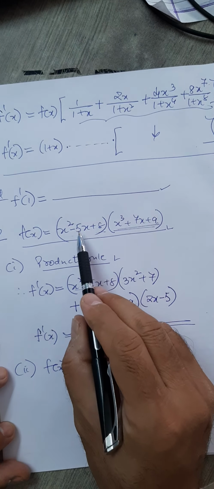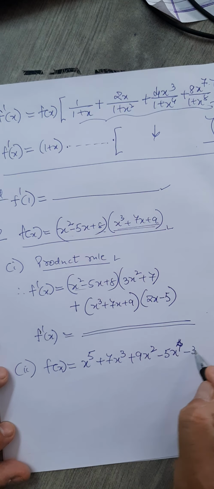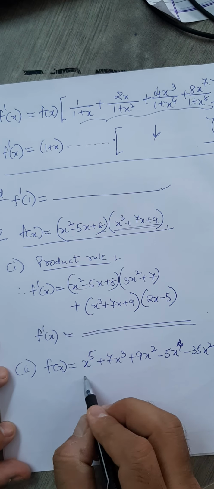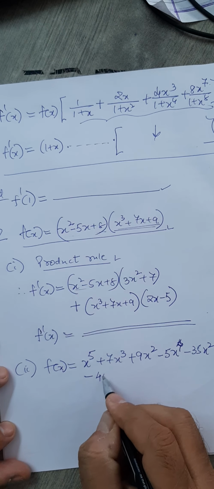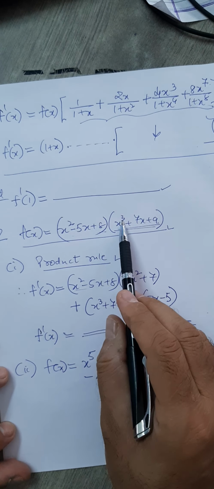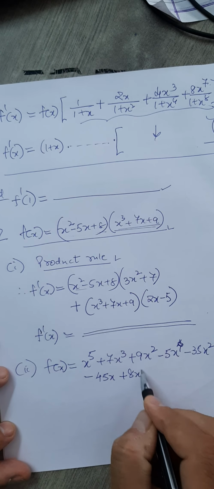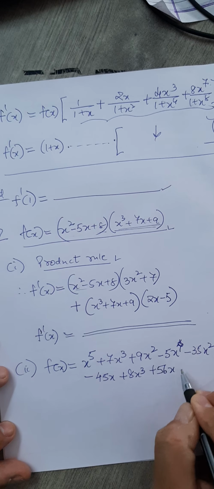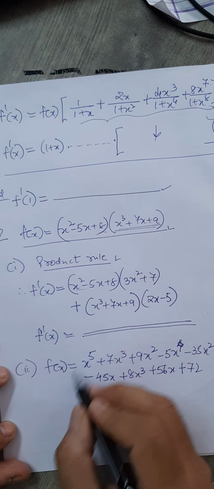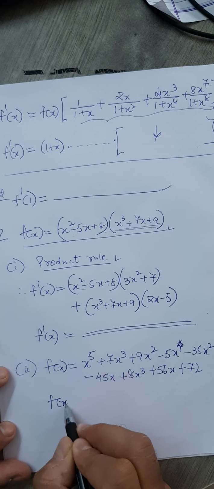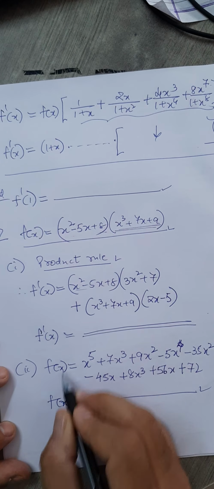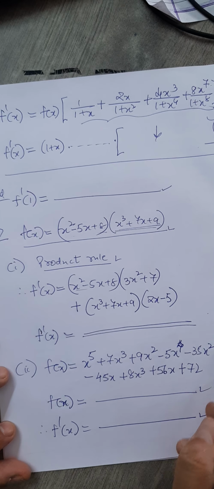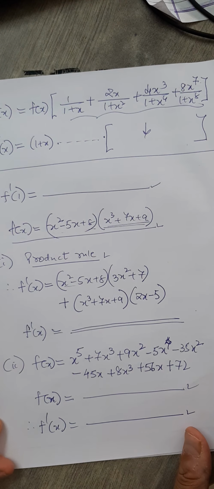Then minus 7 fives are 35x squared minus 45x. Then plus 8x cube plus 56x plus 72. First you just simplify and then differentiate it, because this becomes now a polynomial, and find f dash x. That is the second way.